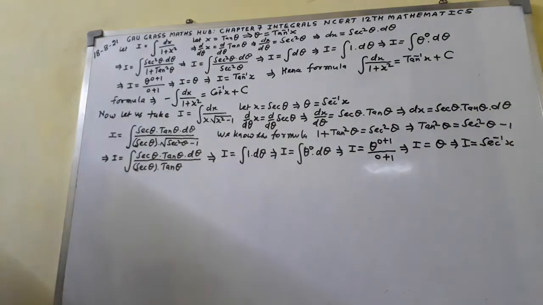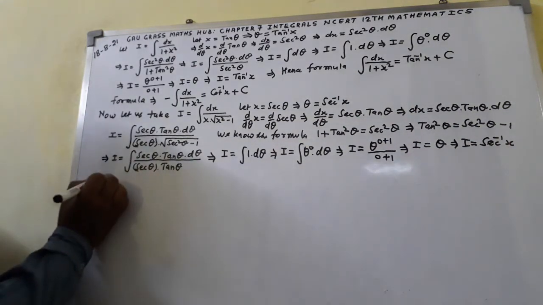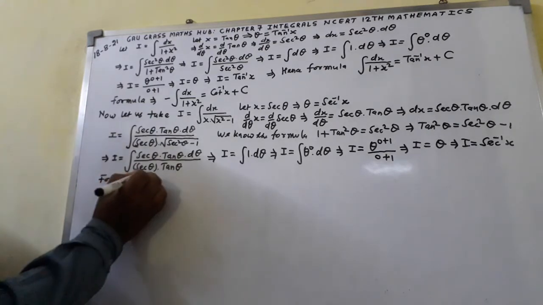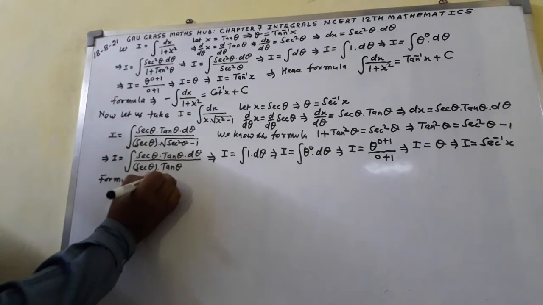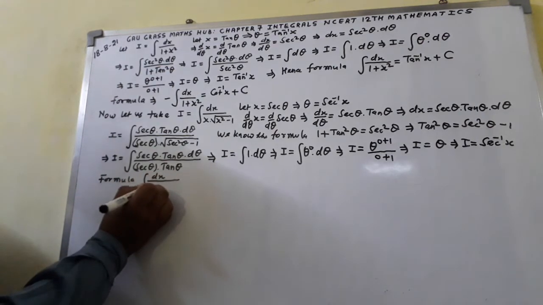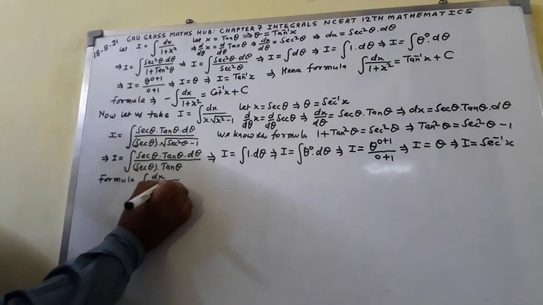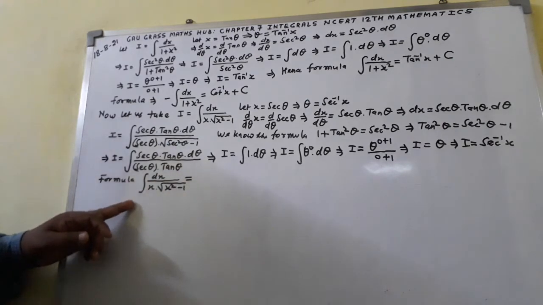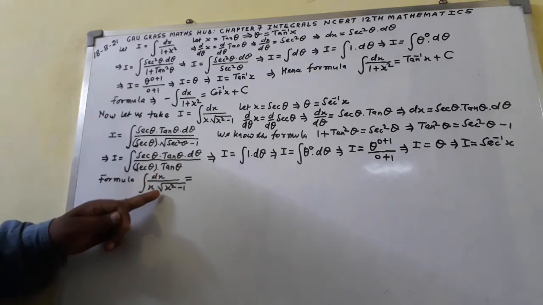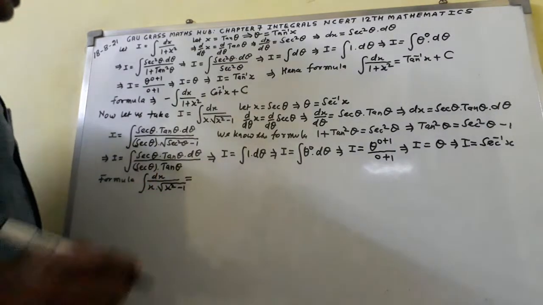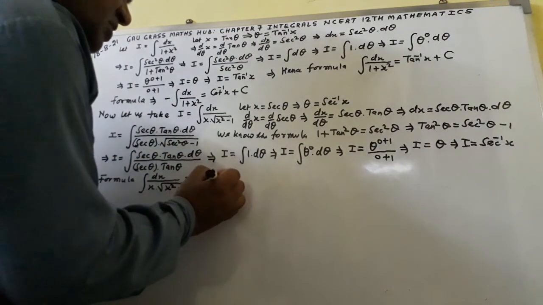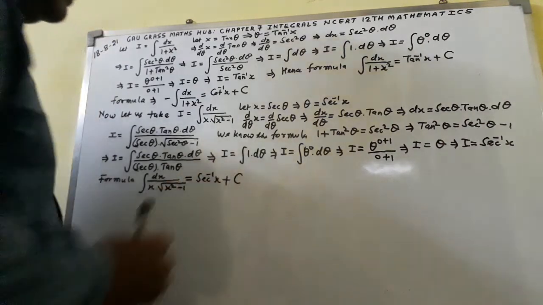And now we have got the formula: integral dx over x dot under root x square minus 1 we shall get equal to sec inverse x plus c.